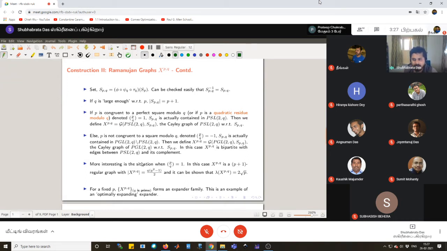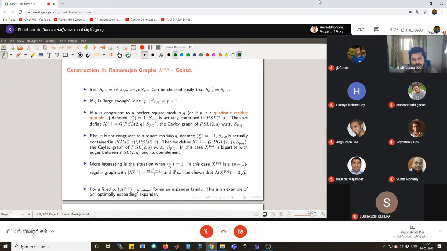But the most interesting situation that they mention, I have seen a few instances of why they call it that, but I don't have a very good feeling why they emphasize more on this situation. Probably because it's a non-bipartite expander graph.